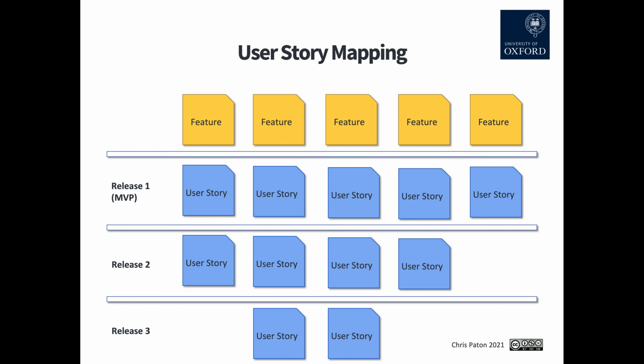And this is a close-up of what a board might look like when you've been doing user story mapping. So the idea is that you might have different features of your system. In our case, for the Life app, it might be being able to answer questions as you go through a scenario. It might be that there's a 3D navigation feature or interaction that you might do.